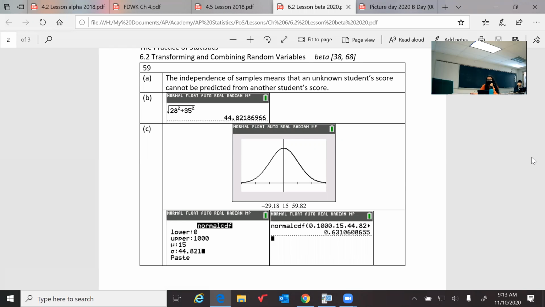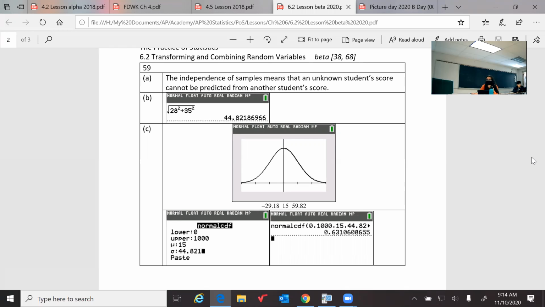That was standard deviation, so you square it. And for boys, it was 35, and you square it. That would be the sum of the variances. When you take the square root of that, that gives you the standard deviation of the distribution of the difference. Sums or differences, it's about 45.